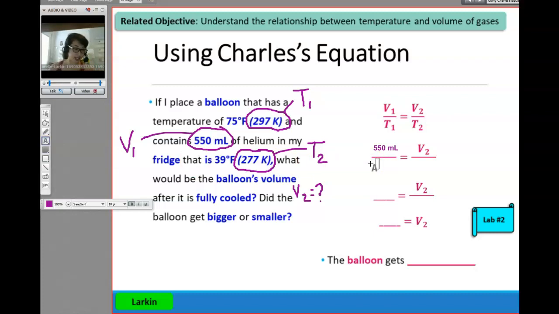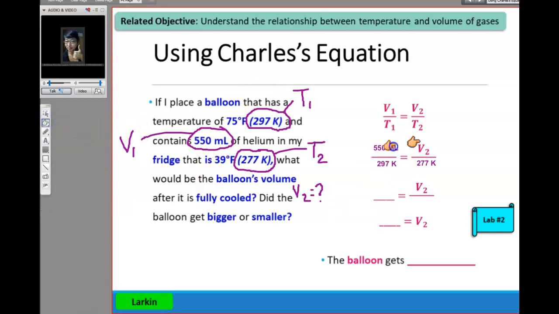Yep, 297 Kelvin under here. And what should the final temperature of the balloon be in Kelvin? 277 Kelvin. Perfect.